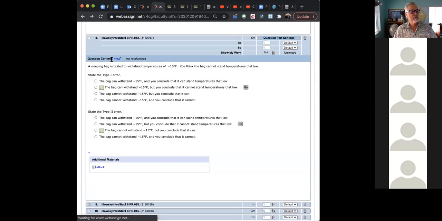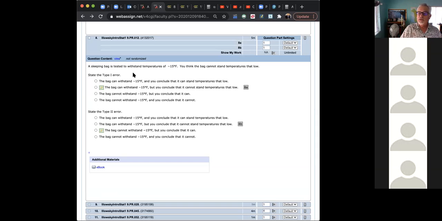Okay. All right. Now, a sleeping bag is tested to withstand temperatures of negative 15 degrees Fahrenheit. You think the bag cannot stand temperatures that low. All right.